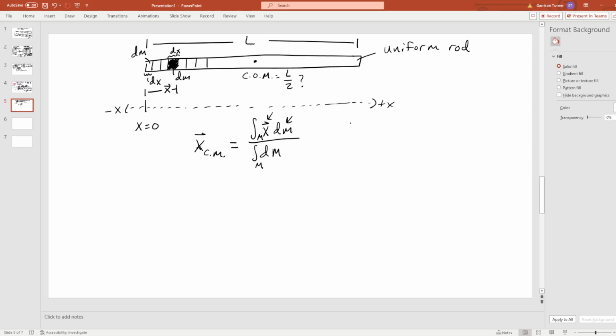So here is where the idea of density comes in. We're going to define 3 different densities. Lambda is a linear density, sigma is an area density, and rho is a volume density.